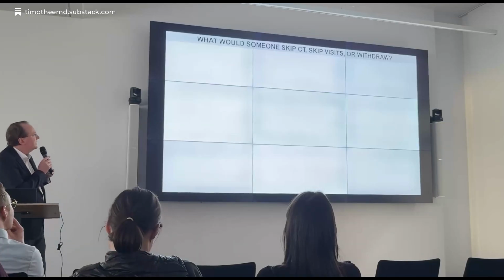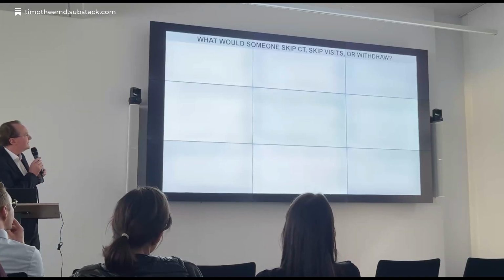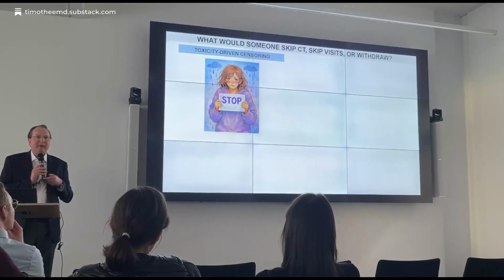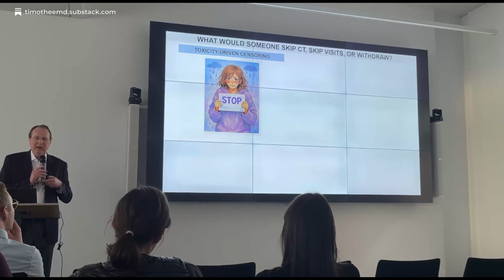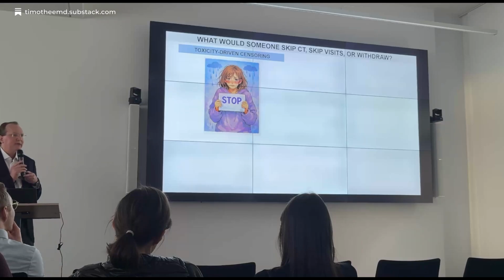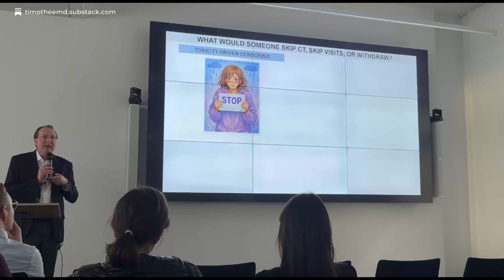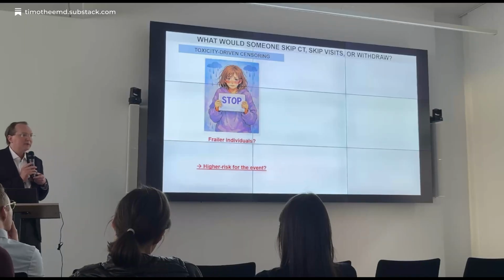How it can be introduced depends on the reasons. Why would someone skip a CT, skip a visit, or withdraw from a trial? The two main concepts are toxicity-driven censoring and disappointment-driven censoring. In toxicity-driven censoring, you assume that the patient who will not come back for the CT or the visit because of toxicity is a frailer individual, and maybe this patient is also at higher risk of presenting the event.